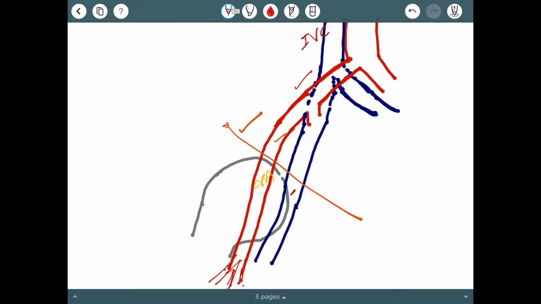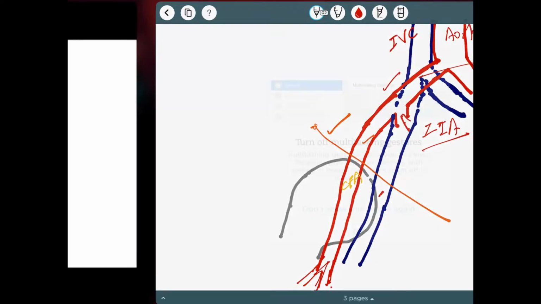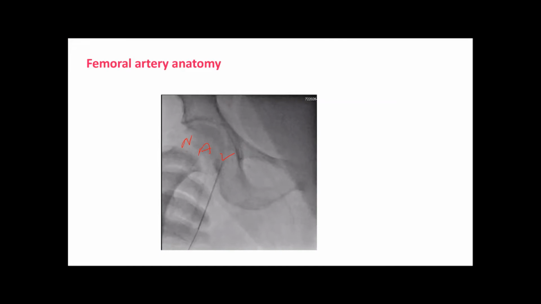So this is our IVC, and this is the aorta. The external iliac artery joins with the internal iliac artery and forms the common iliac artery. So this is the general anatomy of the arterial and venous relationship at the level of the head of the femur.